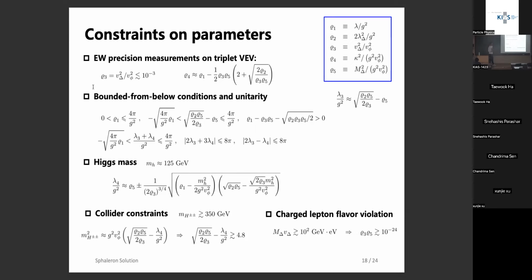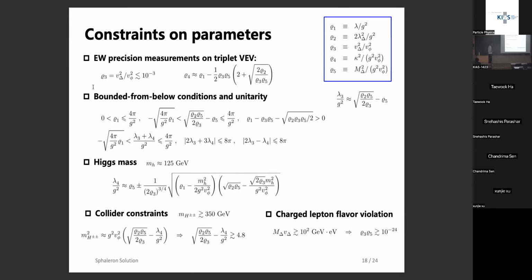That means couplings in the scalar potential can neither be too large nor too small. And in addition, we need to reproduce a neutral CP even scalar, which has a mass around 125 GeV in the scalar spectrum. This also gives a constraint on these parameters.